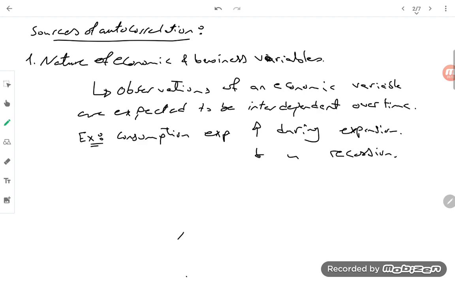Number 2, variable transformation. In some econometric models, variables may be measured by their change instead of their actual values. So say, for example, this is the actual values form for the consumption function.